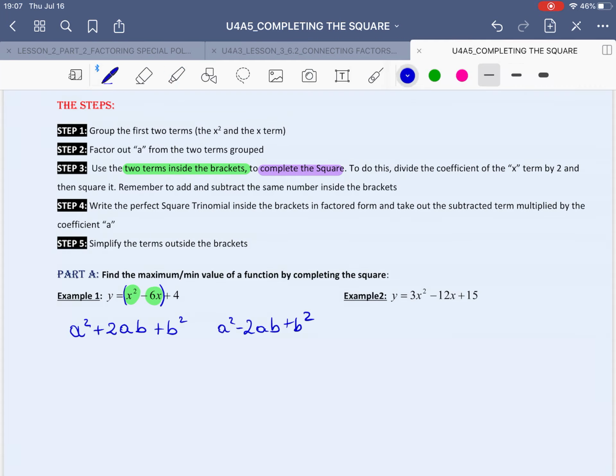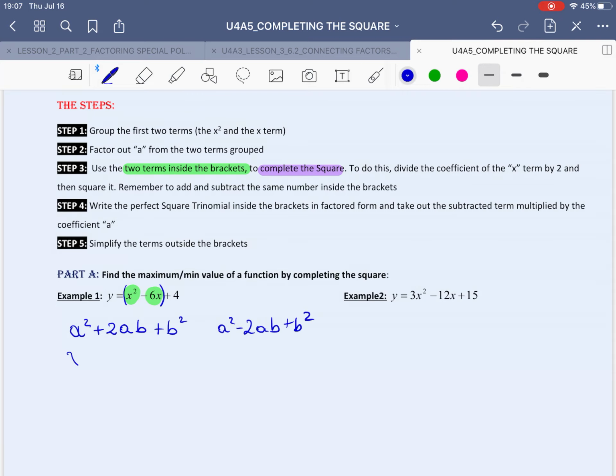We treat the first two terms that we have highlighted here in green, x squared and negative 6x, as the first two terms of this perfect square trinomial. This whole thing is a perfect square trinomial, or for short, a perfect square. And we treat x squared and negative 6x as a squared and 2ab.